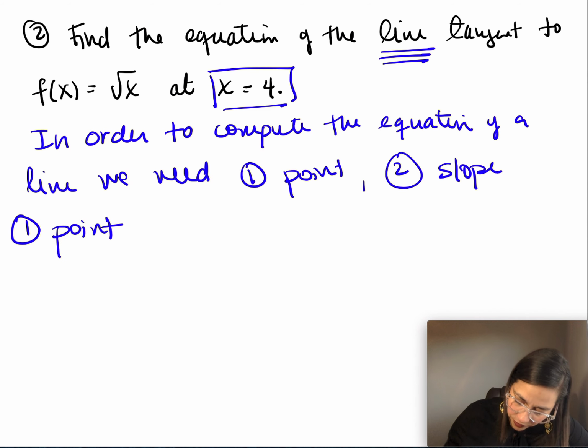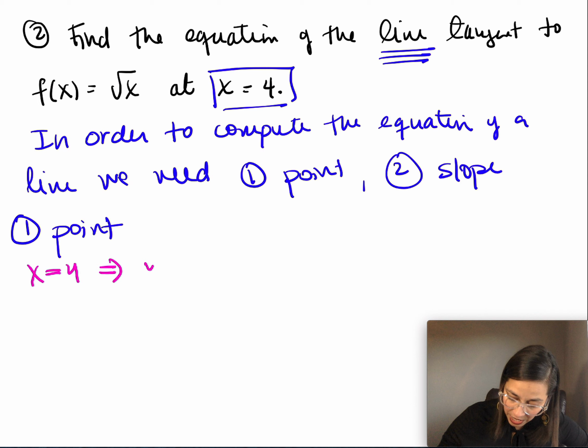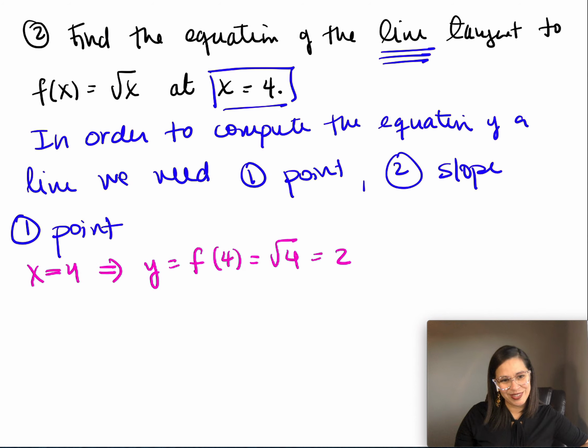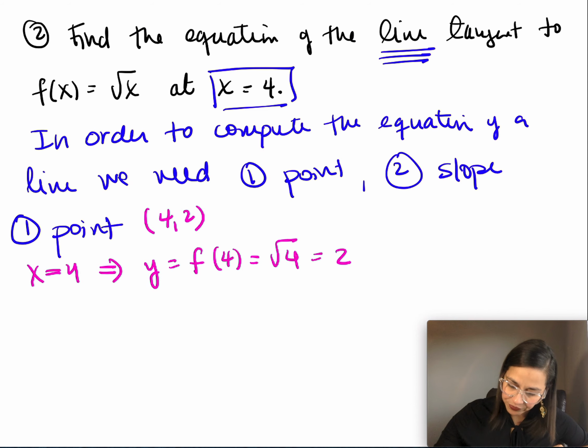Well, the fact that x is equal to 4 tells me that y is equal to f evaluated at 4, which is root of 4, so we get 2. So the point is 4, 2. Perfect.